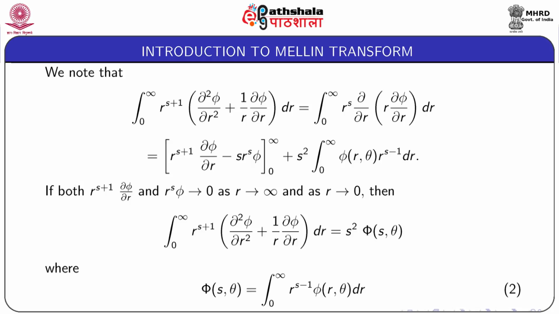Now, if we call this integral capital phi s theta, that is equal to integral from 0 to infinity r to the power s minus 1 small phi r theta dr as given in equation 2, then we get this equation.